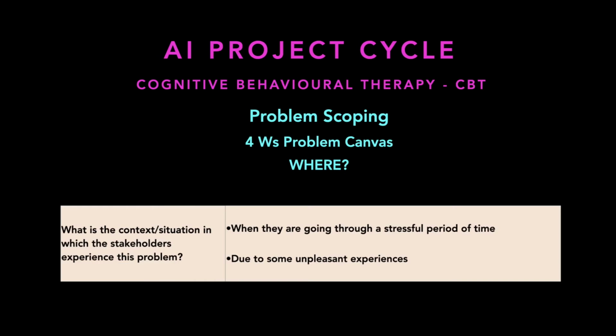So, when they are going through the stressful period of life, and what can be the reason for that stress? Due to some bad experiences, probably some bad thing has happened in somebody's life or somebody's family, and they carry those kind of bad memories which keep on raising their stress levels, right? So this is where the problem lies.